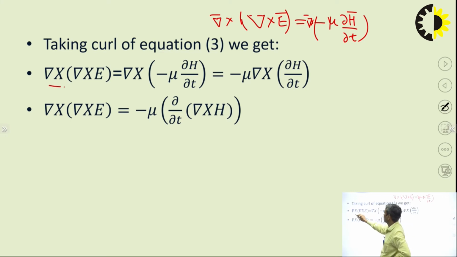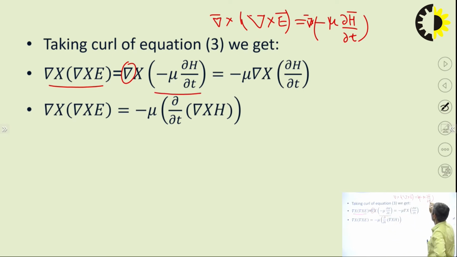So, left hand side del cross E, and right hand side del cross, and this is minus mu del H by del T. Because this is a space operator, here we have del by del x, del by del y, del by del z, and here time, and both commute.